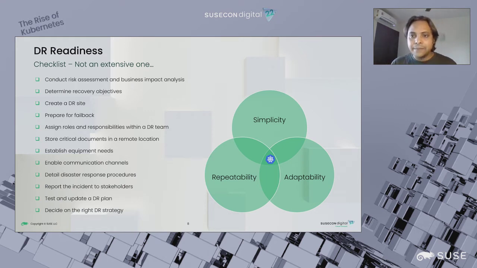However, the plan should have a huge number of checklists, and we cannot cover everything here, but I would like to highlight some of the important ones. First, you should analyze your business, understand the impact on the business, and understand the risk involved.